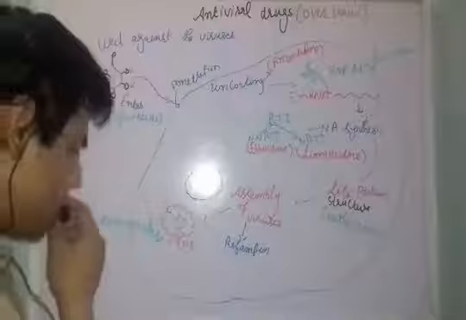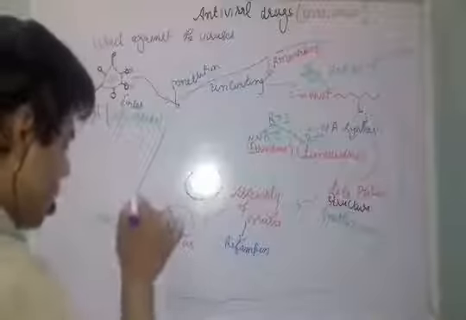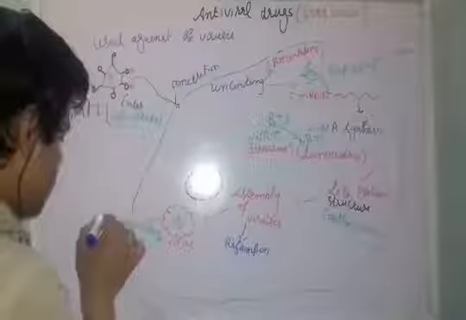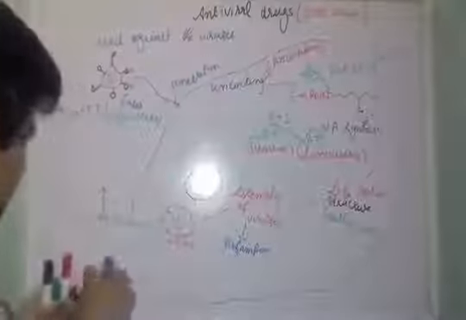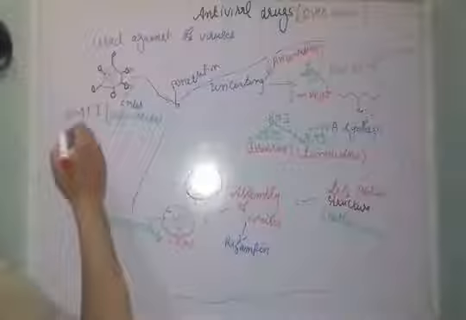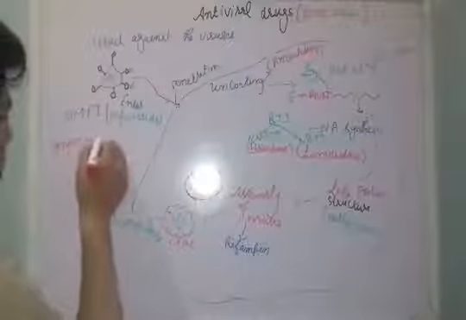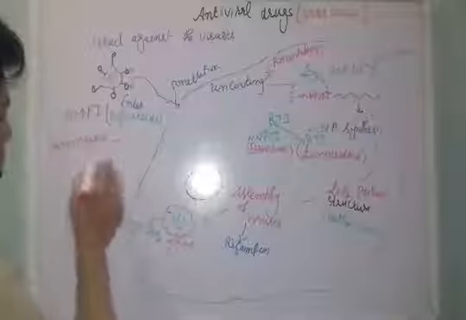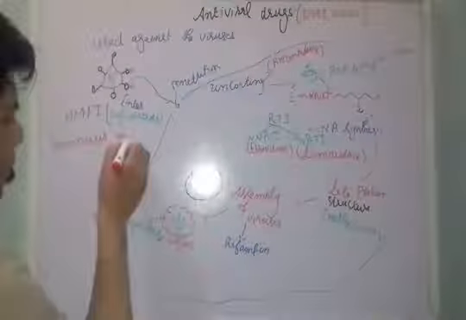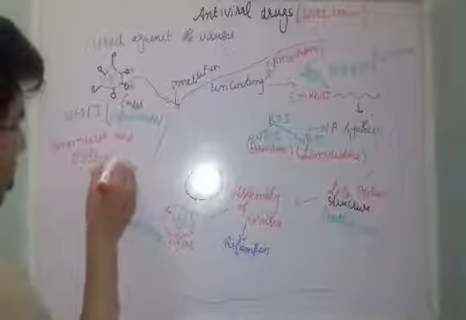Fine. So how can we stop this activity of the neuraminidase? We can stop this neuraminidase when we give the drugs, and these drugs are usually called zanamivir and oseltamivir. So now let me write the names: zanamivir and oseltamivir.